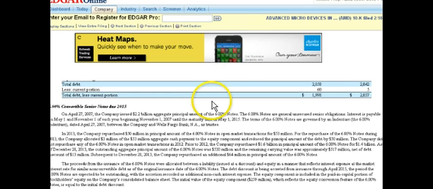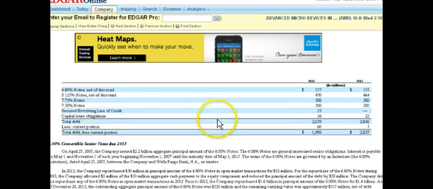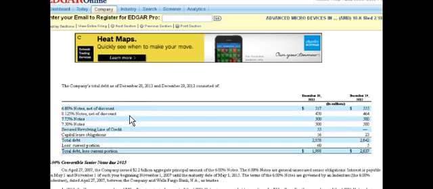It says in 2013 the company repurchased $50 million in principal amounts of the 6% notes in the open market. So it talks about how they repurchased it. So let's look just to see if we're going in the right direction here, if we have the right information. So 6%, 7.5, 7.75, 8.125.